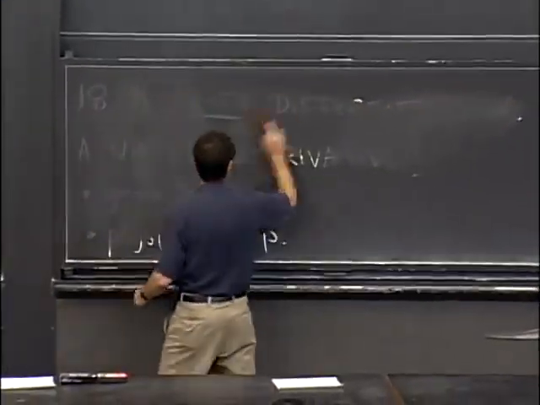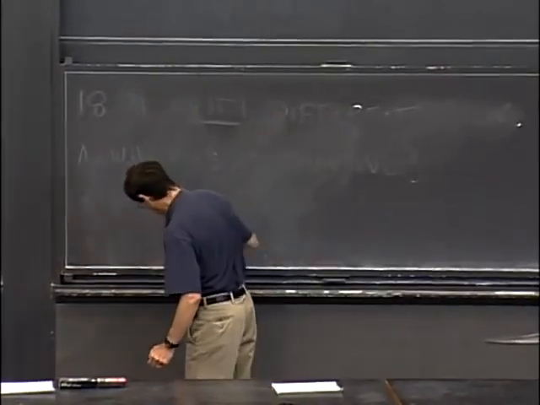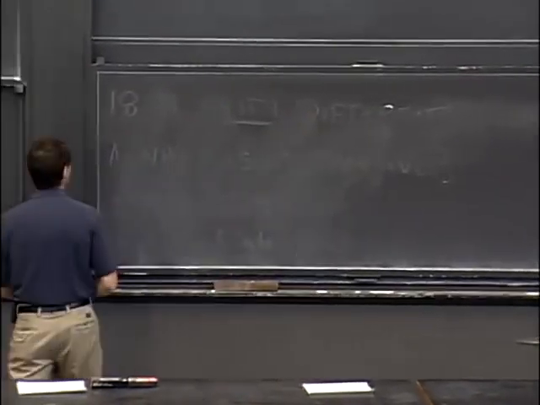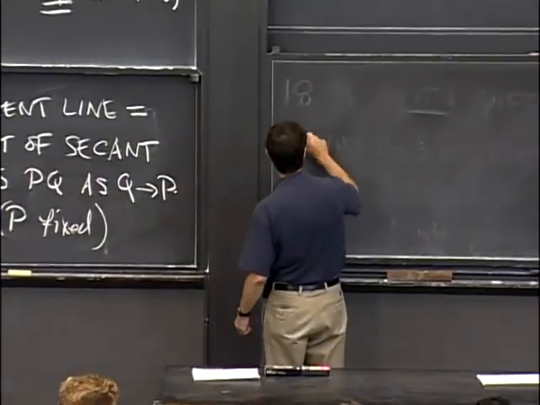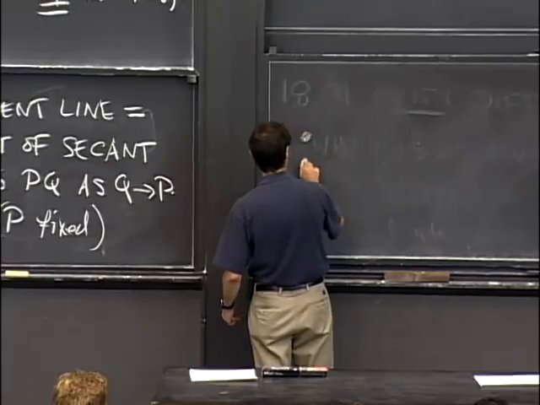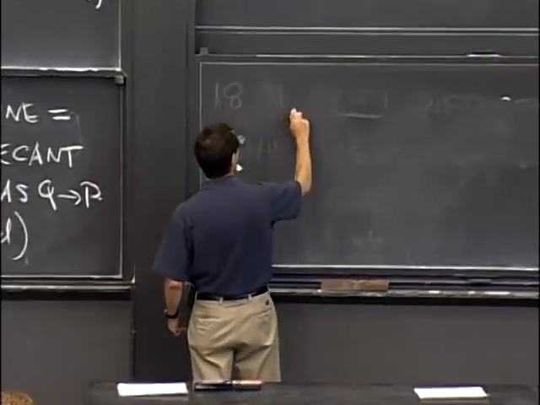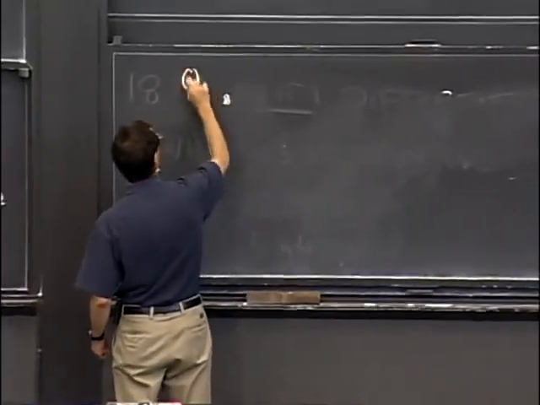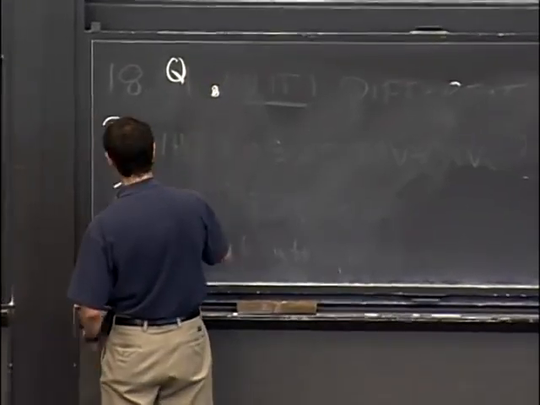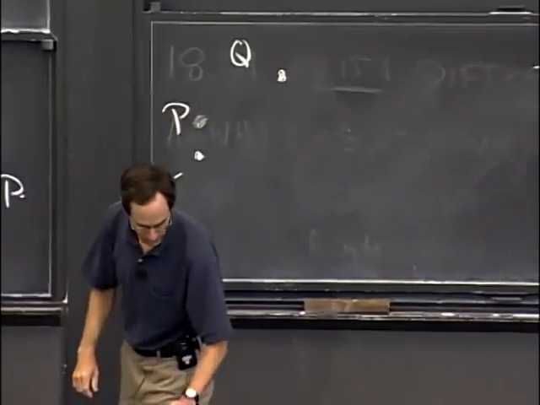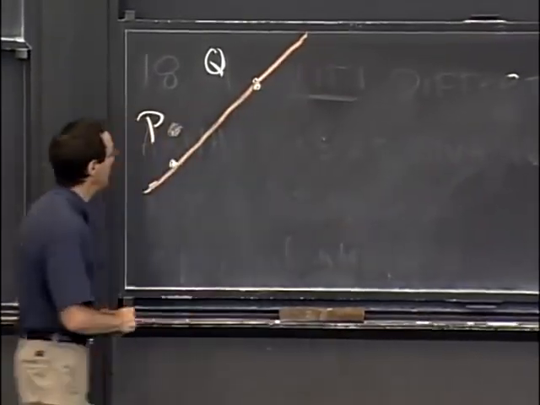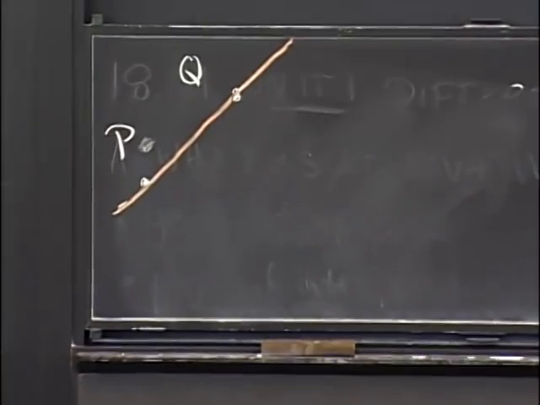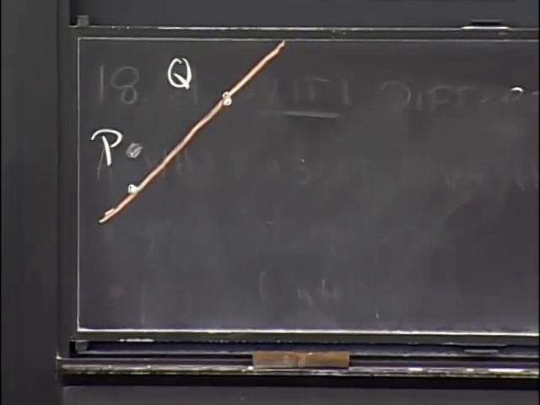So let's do that. So first of all, I'm going to write out these points P and Q again. So maybe we'll put P here and Q here. And I'm thinking of this line through them. I guess it was orange, so we'll leave it as orange. All right. And now I want to compute its slope.